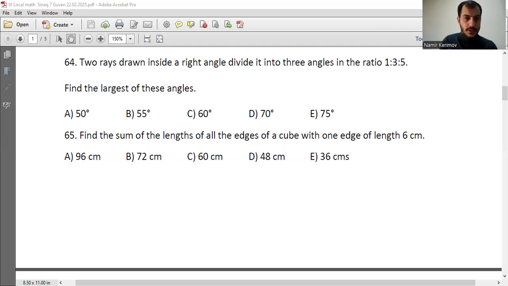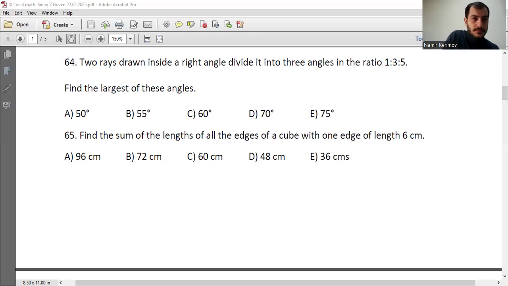Question 65. Find the sum of the lengths of all edges of a cube with one edge of length 6. So now we know that one of the edges is 6, and we should find the sum of all edges.